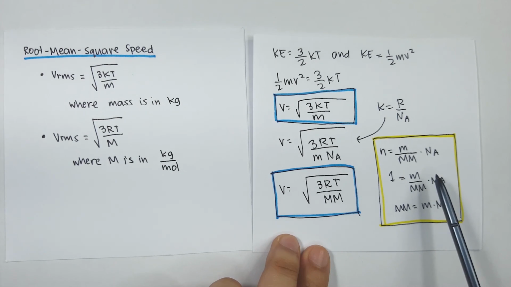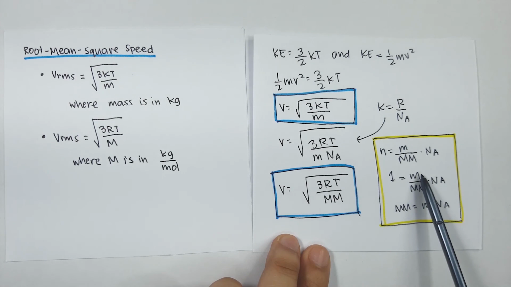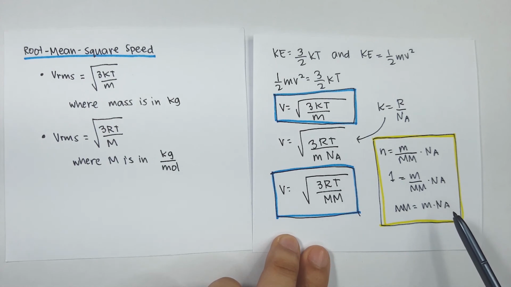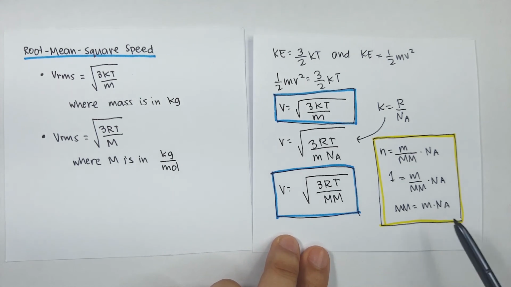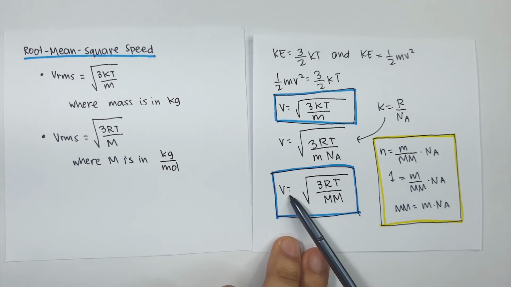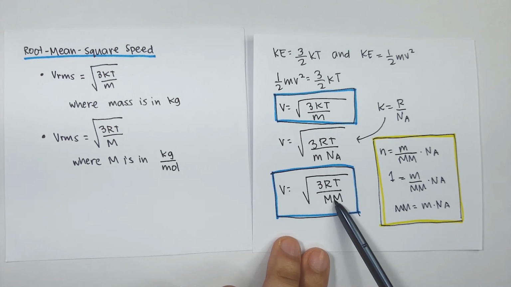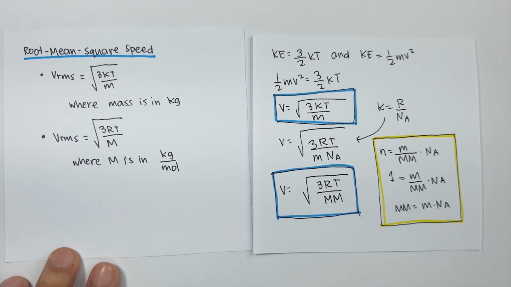And let's assume na 1 mole of gas lang. So that's 1 is equal to mass over molar mass times Avogadro's number. Rearranging, you have molar mass is equal to mass times Avogadro's number. So substitute sa equation, you have velocity is equal to square root of 3RT over M, where molar mass is in kilograms per mole. So this is another equation.